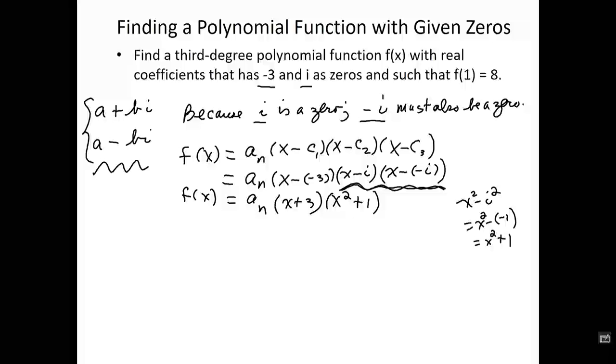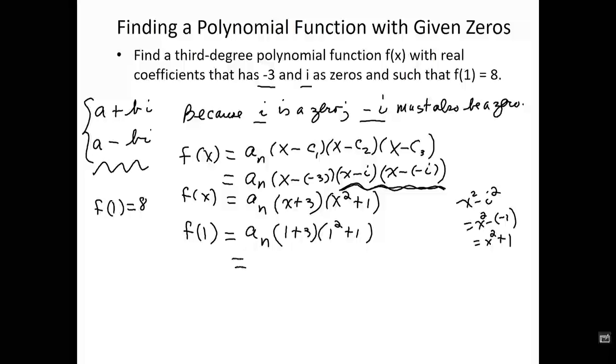Okay, let's go back to the statement of the problem. We're also given that f of 1 is equal to 8. So if I evaluate the function at 1, we have f of 1 is a sub n times 1 plus 3 times 1 squared plus 1.